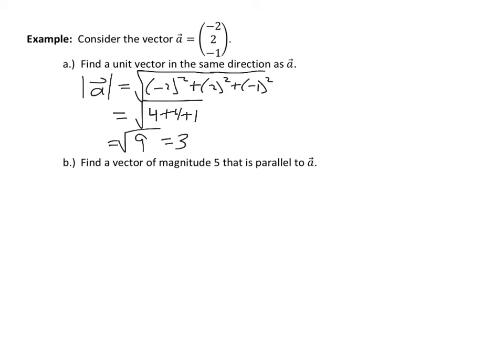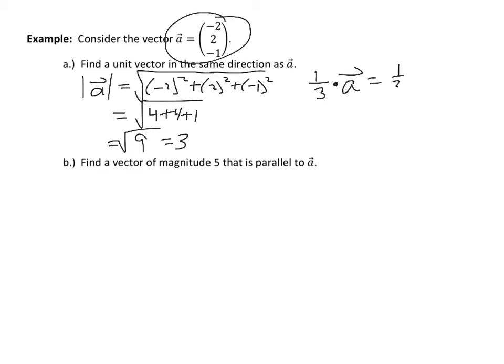So if this vector is 3 units long, how could I get a unit vector in the same direction? I could take the A vector and multiply it by 1/3. I could scale it down by a factor of 3.